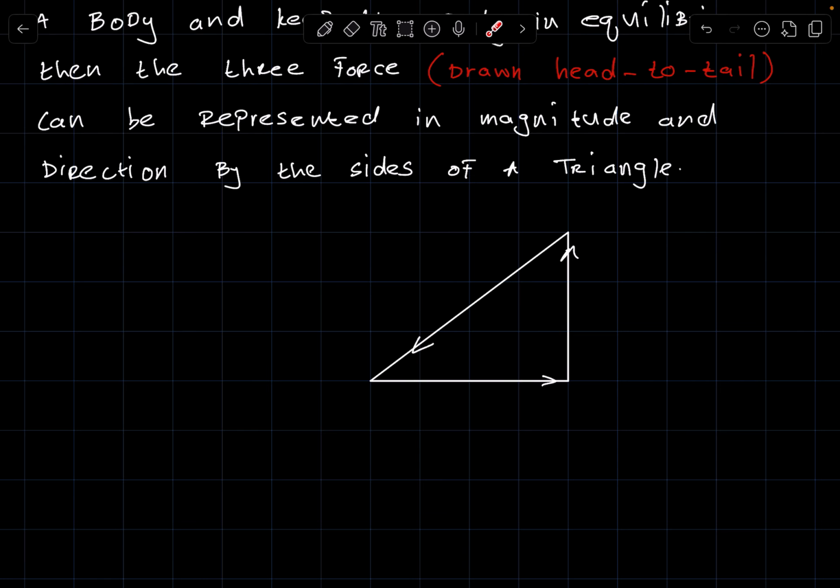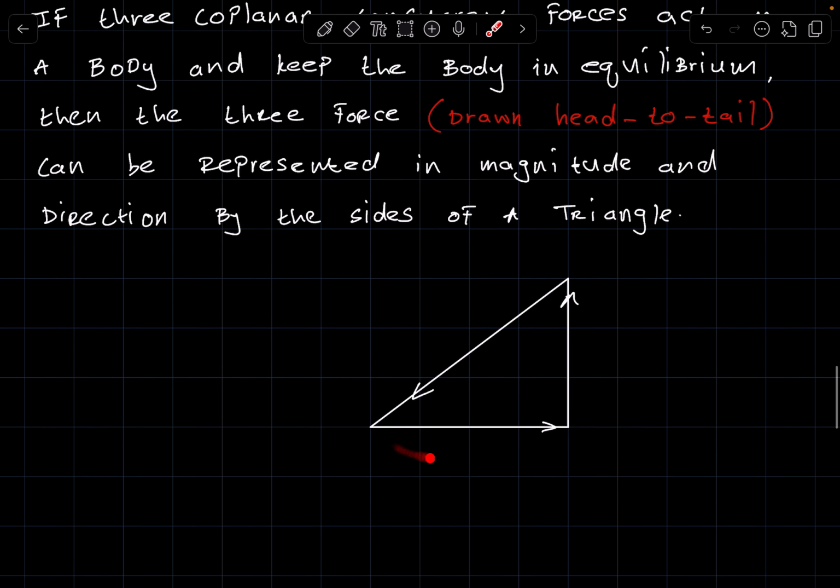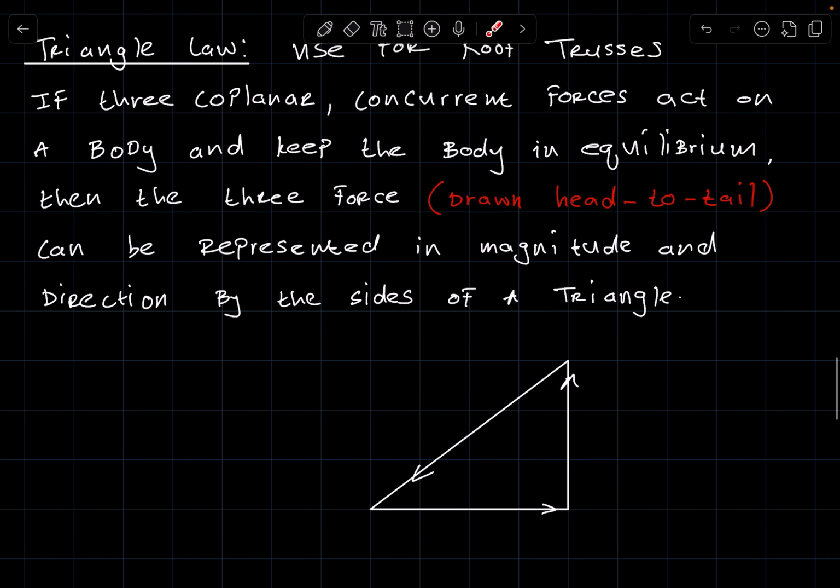If all your vectors on your polygon are such that they are following each other in terms of direction, then what that tells us is that the system of forces is in equilibrium.